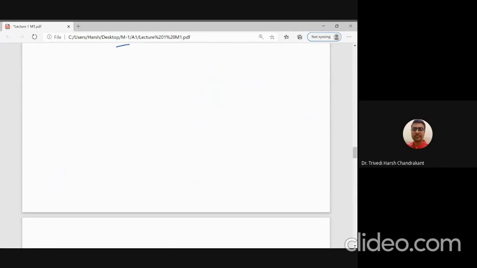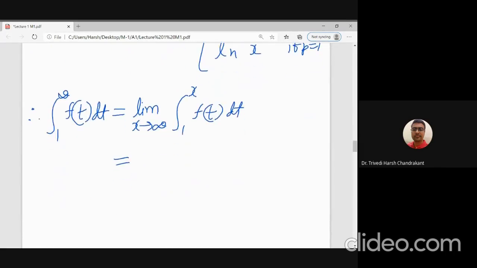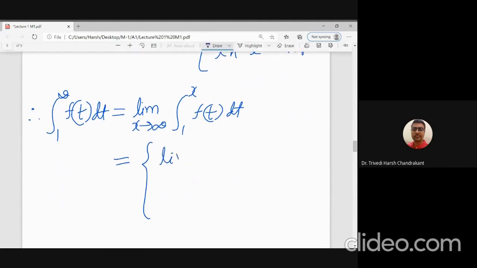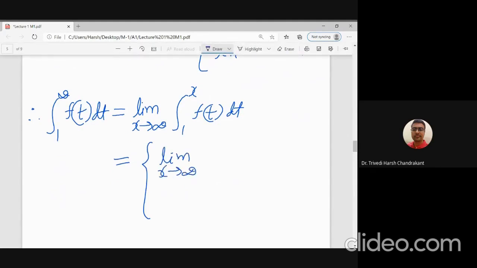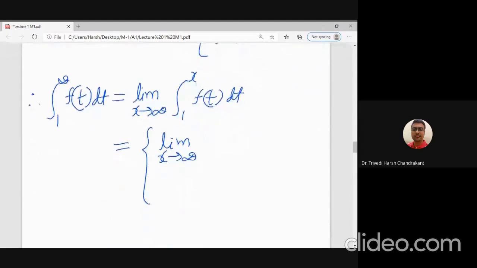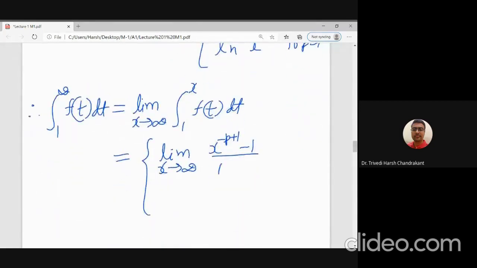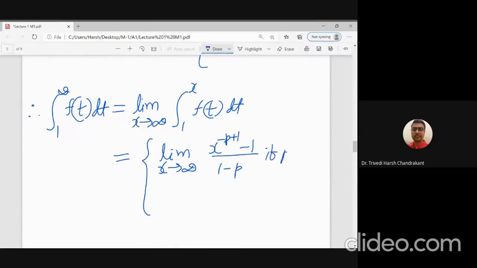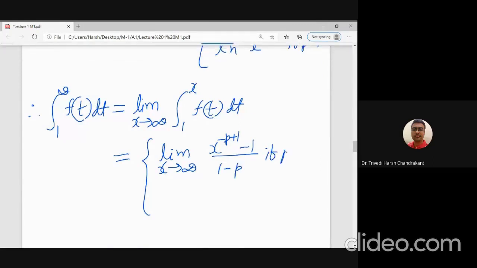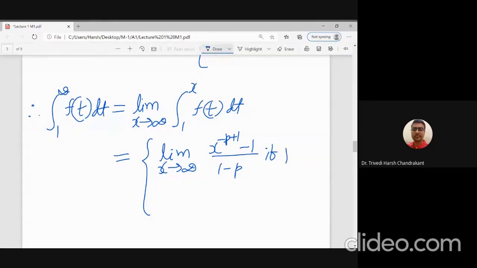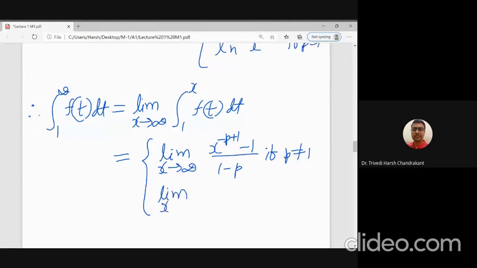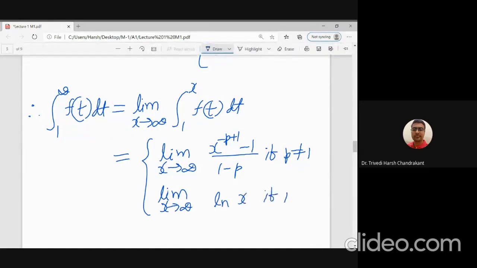So that is the limit as x tends to infinity of (x power minus p plus 1 minus 1) by (1 minus p) if p is not equal to 1, and it is the limit as x tends to infinity of the logarithm of x if p is 1.